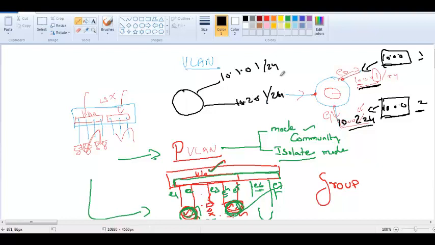Why? This is one network, and this is another network. Here it is 1, here it is 2. But in the other case, it's the same network, 10.0.0.0 and 10.0.0.0. Not possible. You can have the same network on only one interface, not more than one.